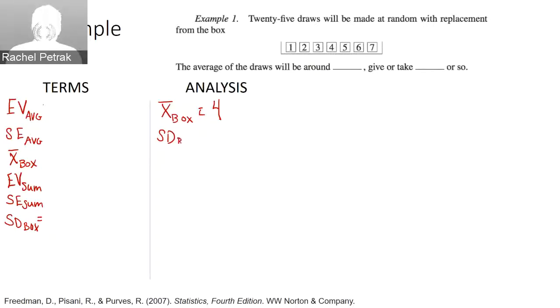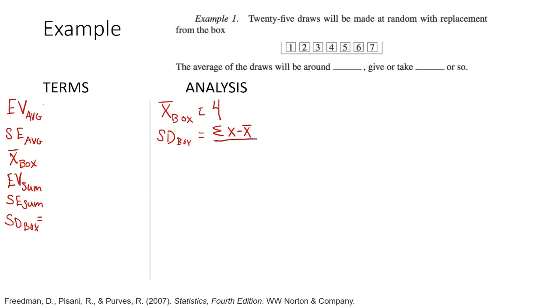And the SD of the box, we could get through our standard formula: the square root of the sum of (x minus x bar) squared divided by n.